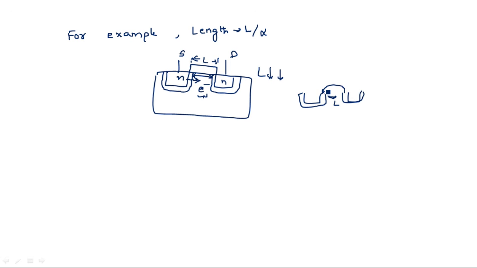The depletion regions have a chance of meeting together. So the value of L should be chosen so that this does not happen. If it happens, the transistor will not work properly. Definitely there should be some limitation on the length of the channel. Similarly, not only length, all other parameters have various limitations, so the scaling cannot be done beyond that.